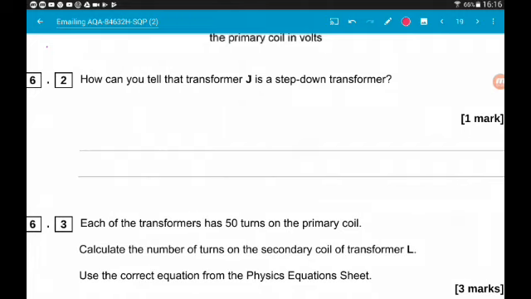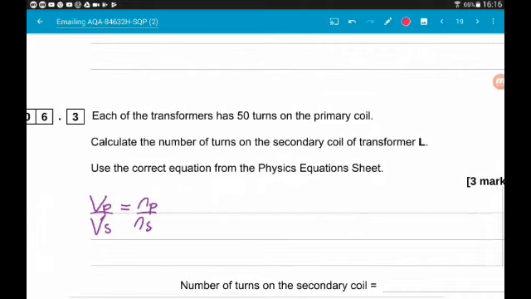So the formula that we want is potential difference of the primary divided by potential difference of the secondary is equal to the number of coils on the primary divided by the number of coils on the secondary.